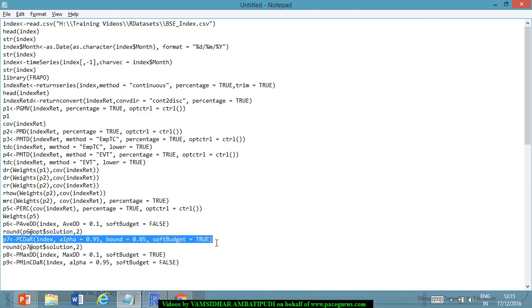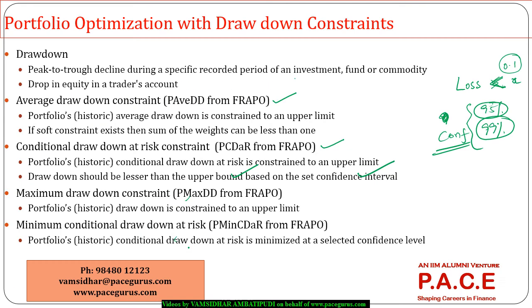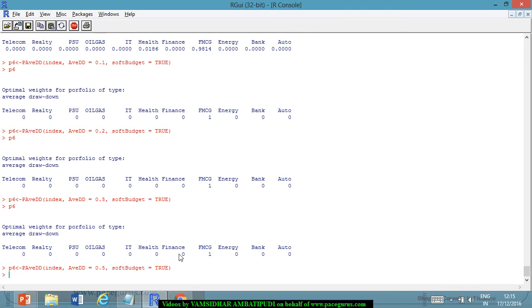So I am giving the index. I am using the function called PCDAR, which is a portfolio where I am taking conditional drawdown at risk.